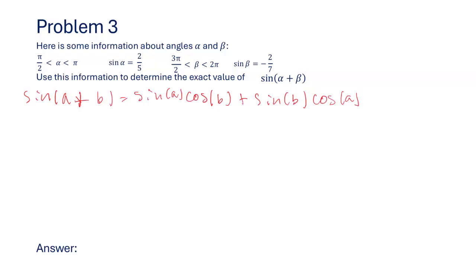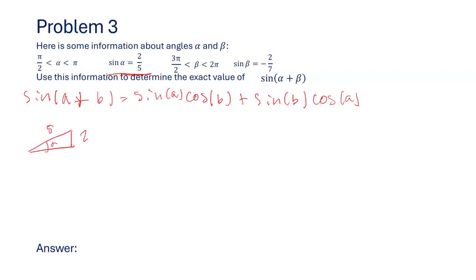Okay, so here we're given that sine of a equals 2/5. So we know that if we draw a triangle, and remember that sine is opposite over hypotenuse, we know that this is a 2. The hypotenuse is therefore a 5.